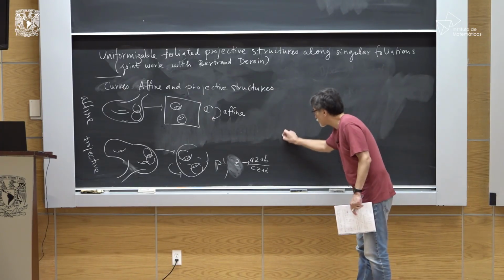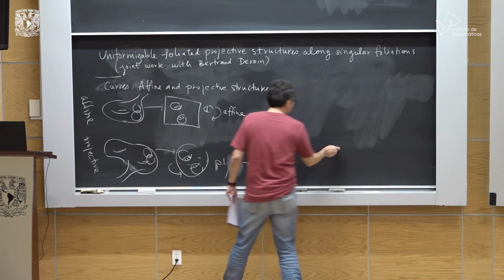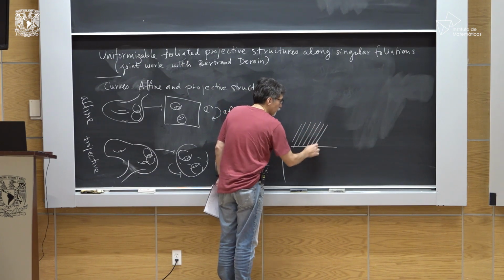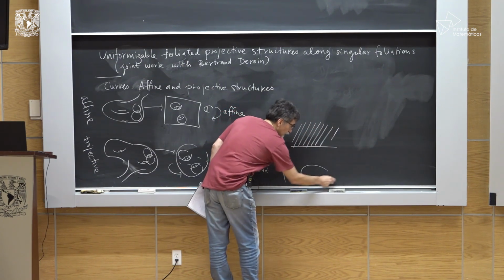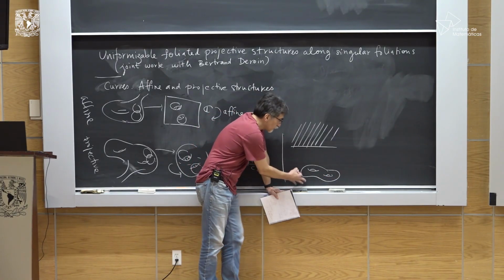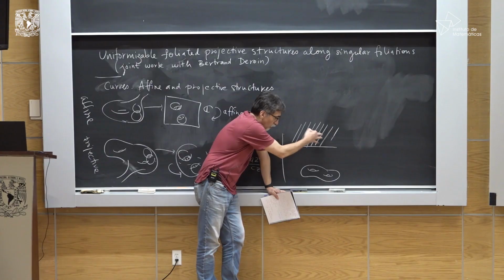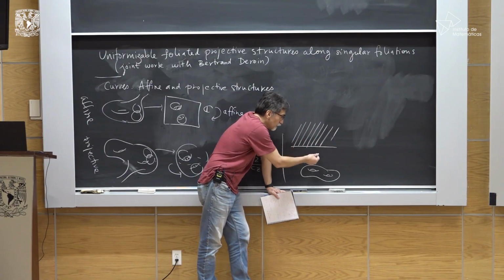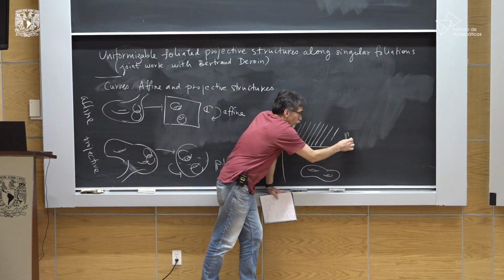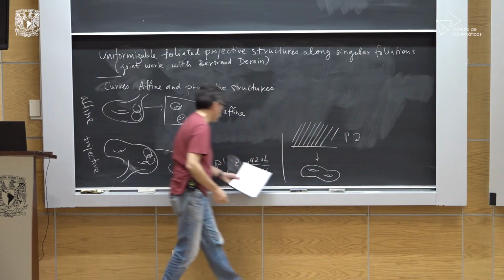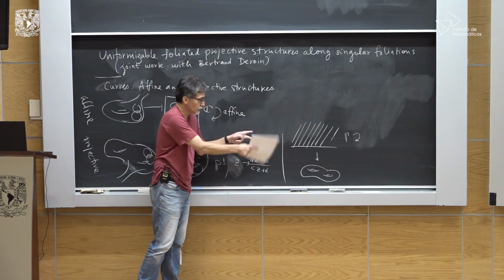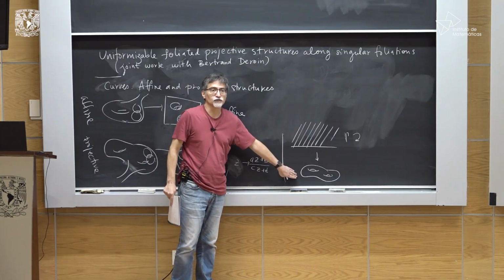So examples of projective structures on curves come from the uniformization theorem. You have this very important historical theorem that tells you that if you take a curve, no matter which one, its universal cover can be identified to the upper half plane. And equivalently, you have a group acting on the upper half plane by Möbius transformations with real coefficients, such that the quotient is the curve you started with.